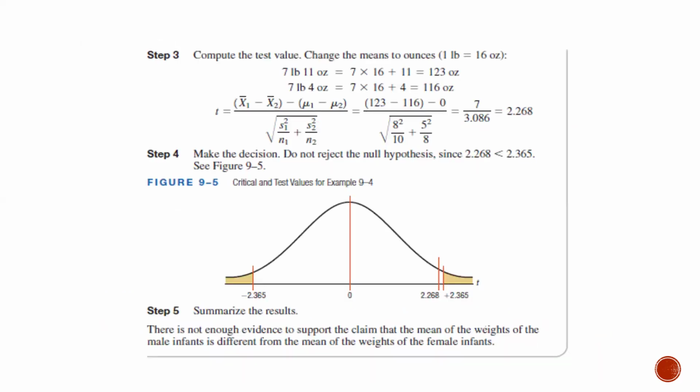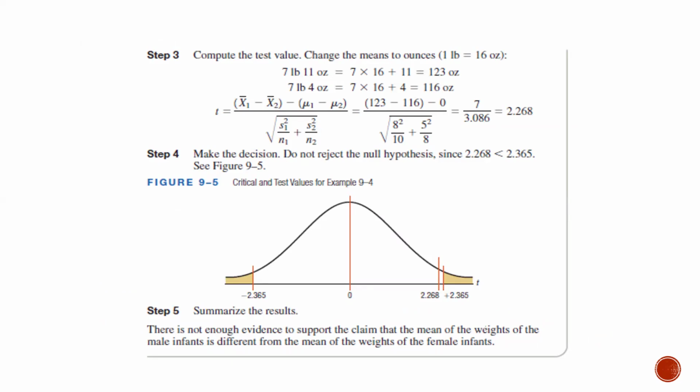So we will compute all the values in the formula. First, we will change the weight into ounces. So we will put x1 as 123 and x2 as the population mean is 0, which is assumed. The s1 and s2 are 8 and 5, and n1 and n2 represent the total sample sizes.